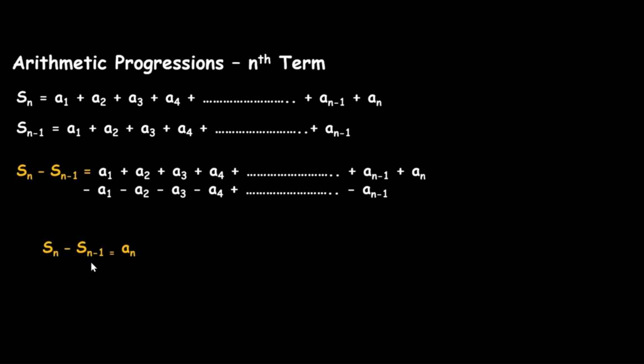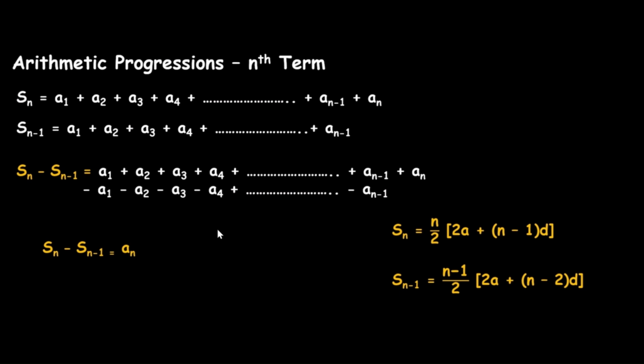So we derived the nth term formula based on the sums using a simple subtraction method, subtracting S(n-1) from S(n). We can also use the sum of the first n terms formula, which we saw just a while ago.